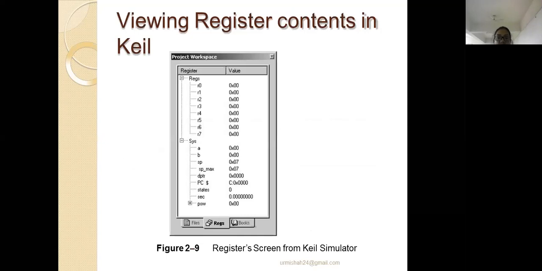This is the workspace of the Keil software. The Keil simulator you might have used for 8085, the same software can be used here for 8051. So the window of the Keil software looks like this whenever you are running or compiling a program.